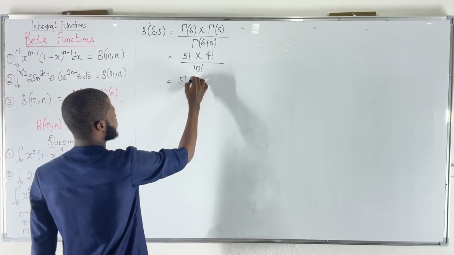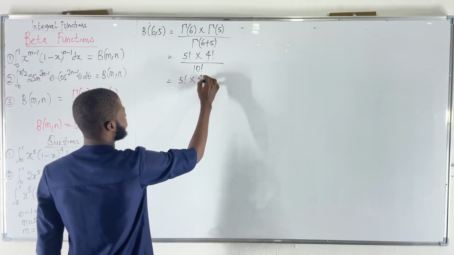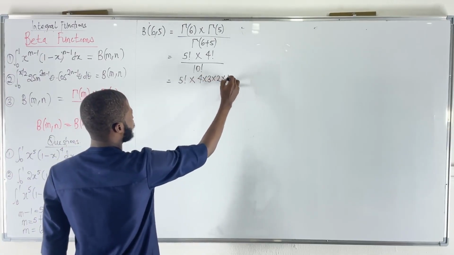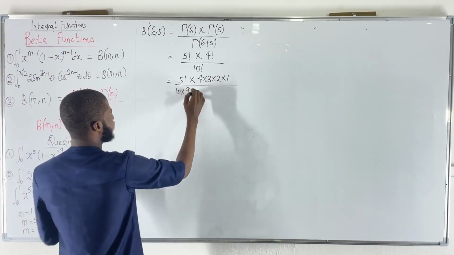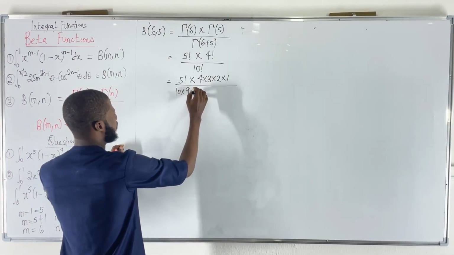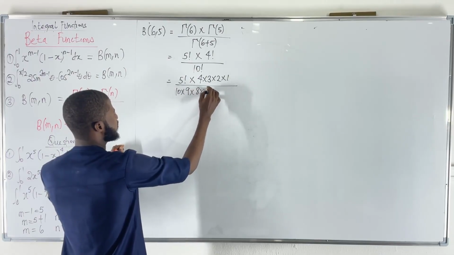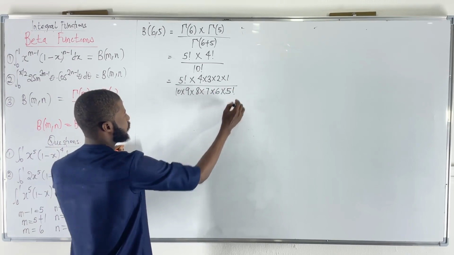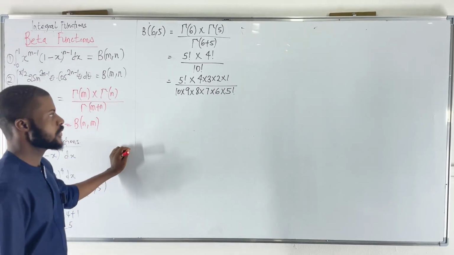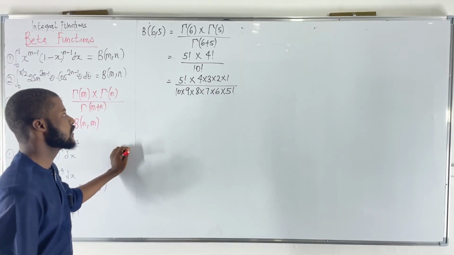This is 5 factorial times 4 factorial. That's 4 times 3 times 2 times 1. And for 10 factorial, that's 10 times 9 times 8 times 7 times 6 times 5 factorial. So that's what we're going to be having.